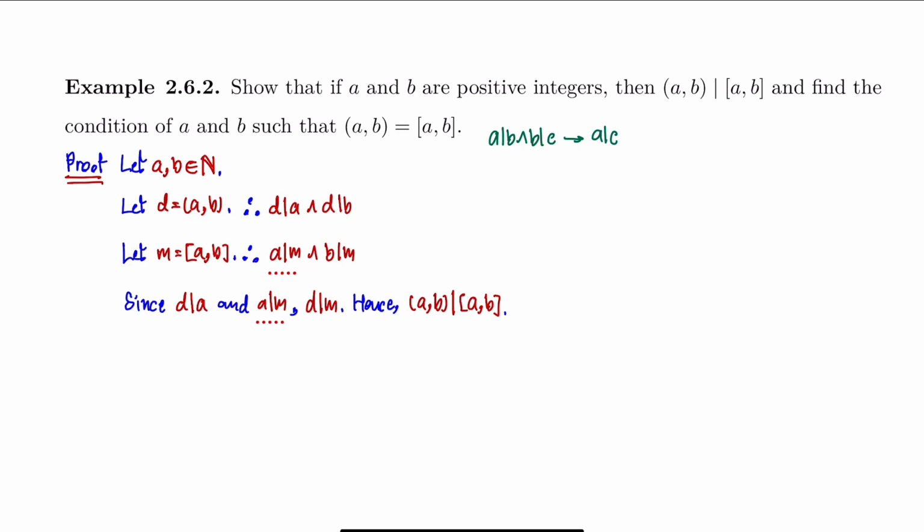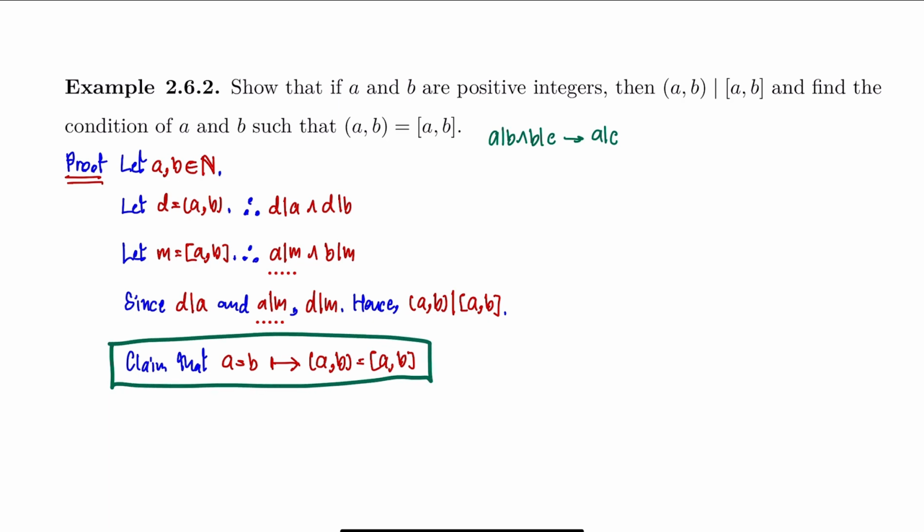So let's claim that when A is equal to B, we have to show that the greatest common divisor of A and B equals the LCM of A and B.